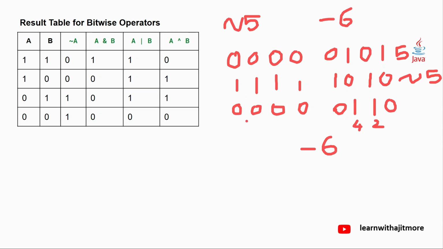We first converted to two's complement and then decimal. So always remember, whenever you do two's complement and then decimal, you have to give a minus sign because you are doing two's complement for negative numbers only. For positive, you don't have to do two's complement. Understanding? And that is the reason you got minus 6.